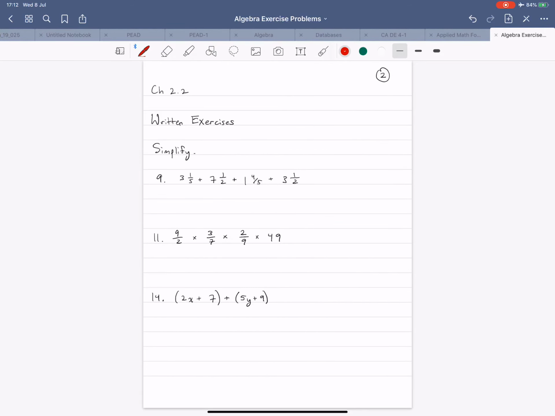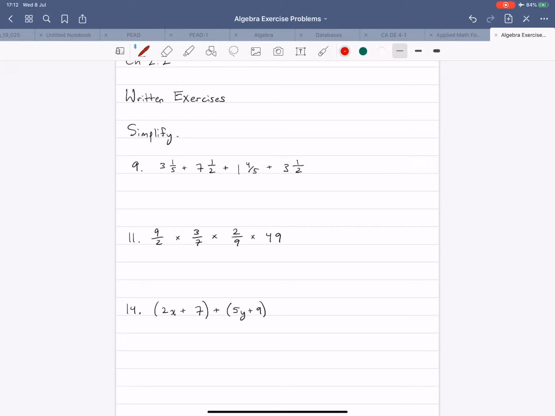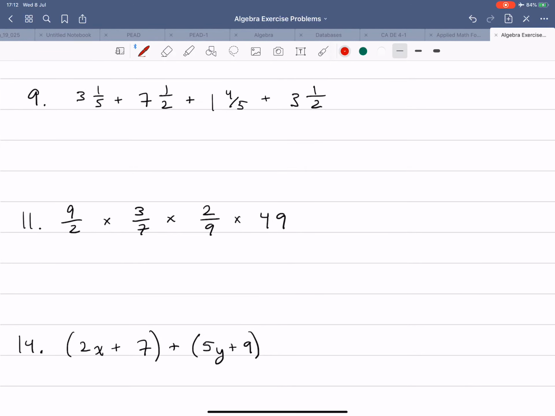We're going to do another example. Well, we're not going to do it all the way. I just want to briefly talk about number 11 here. I want to make one suggestion for this, which is to try to keep track of things that can be canceled, right? For example, I've got a 9 in the numerator here and a 9 in the denominator here.